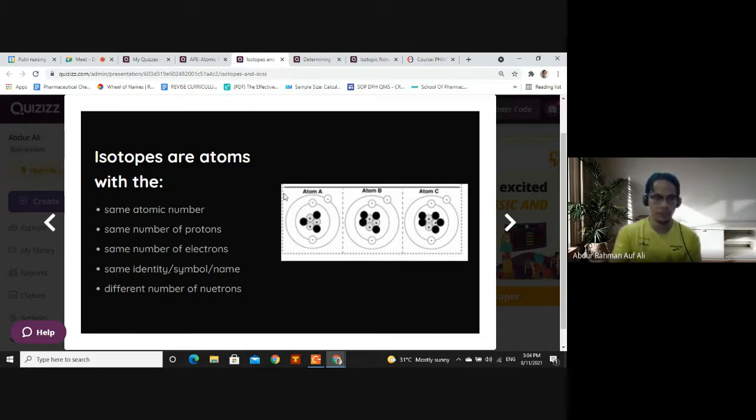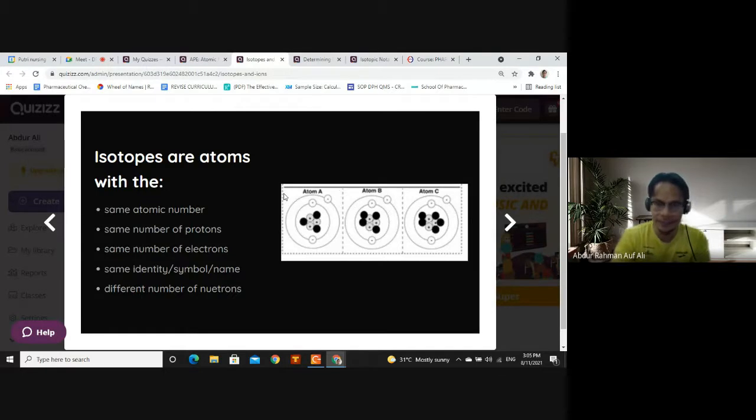What are isotopes? So isotopes are basically atoms with the same atomic number, with the same number of protons and the same number of electrons. They have the same identity, same symbol, same name, but they have a different number of neutrons. So what does that mean?